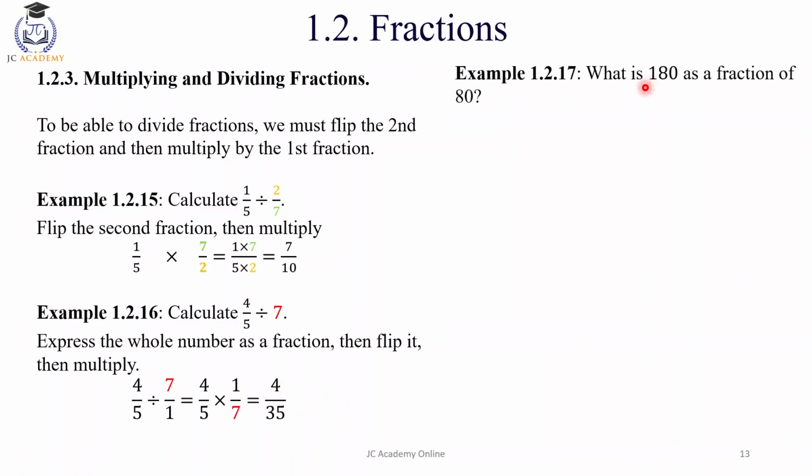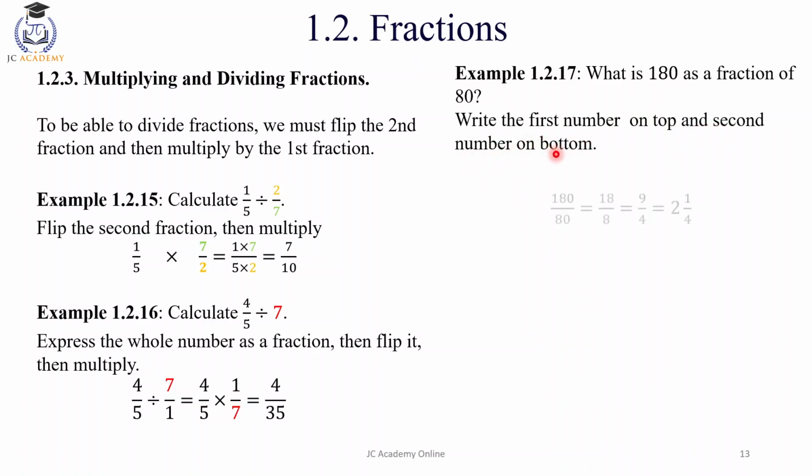Let's look at another example. What is 180 as a fraction of 80? Remember, we have "of" here, so that means there's going to be a multiplication involved, and it's saying a fraction of 80. So we write the first number on top and the second number on the bottom.